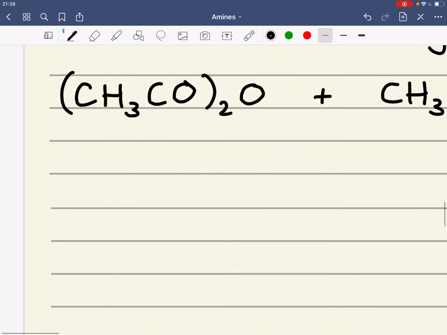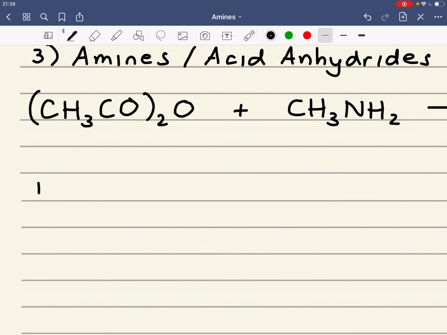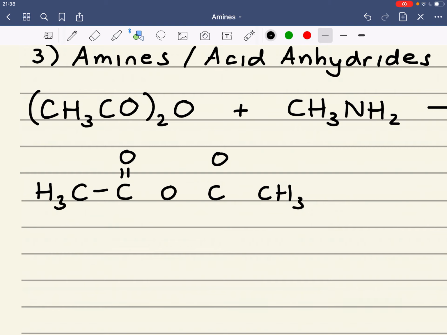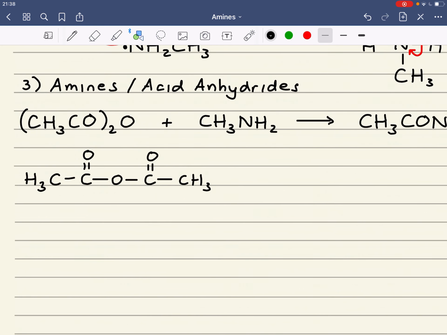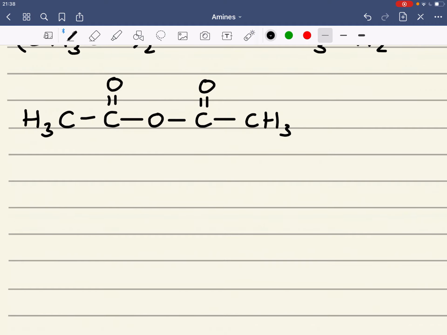Let's just have a look at this reaction. Well, my acid anhydride has got the following structure. And in effect, what's happening is, now this mechanism is not on the specification, but if we have a look at it, it will hopefully help us understand what's happening. I'll put the hydrogens on the other side.